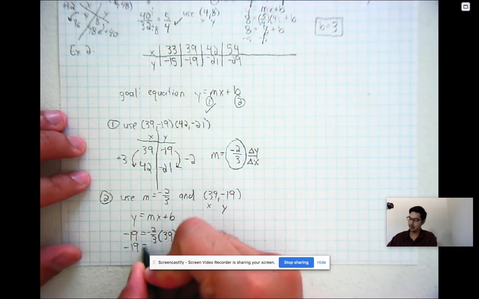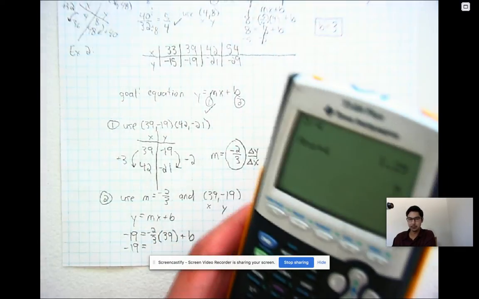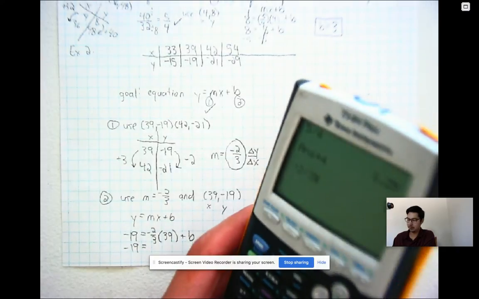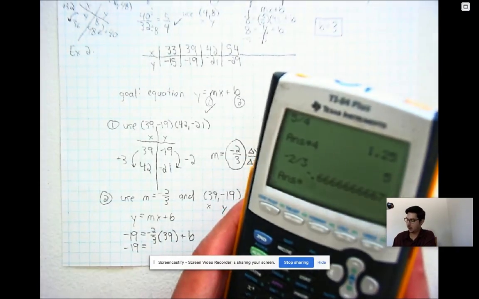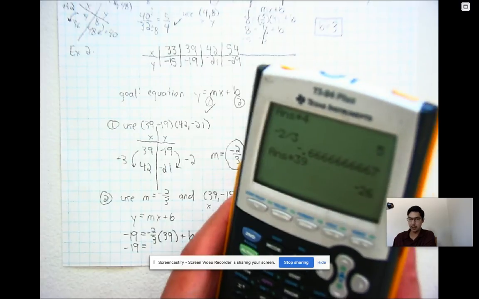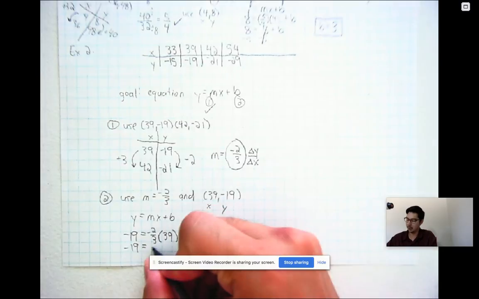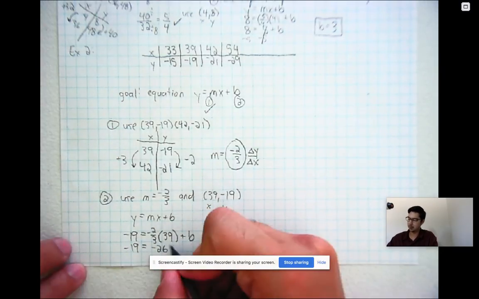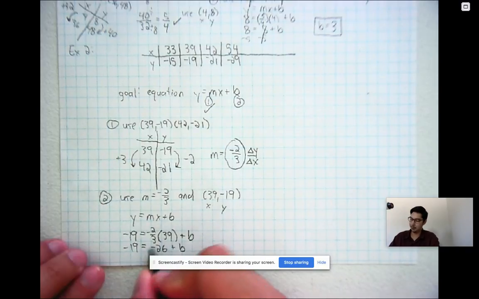And then we have negative 19 equals, well, what's negative 2/3 times 39? Well, we get negative 26. And hopefully if you're using a calculator, you get the same thing. Plus b. And then how do you get rid of a negative 26?